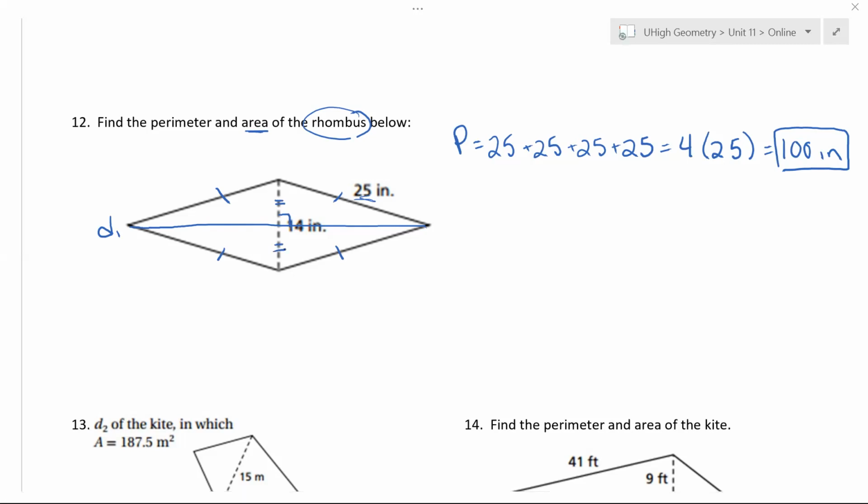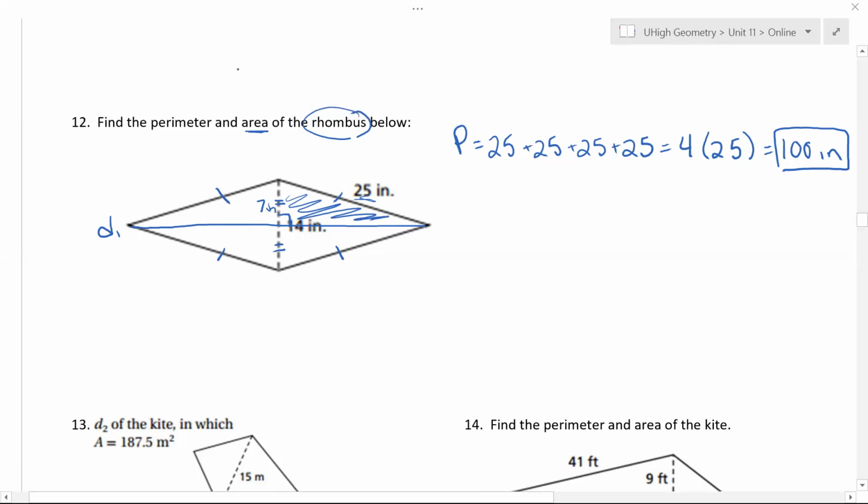So if I want to look at just the top right triangle that's created with my diagonals, I know that one of my legs is going to be 7 inches because it's half the length of the diagonal that was given.